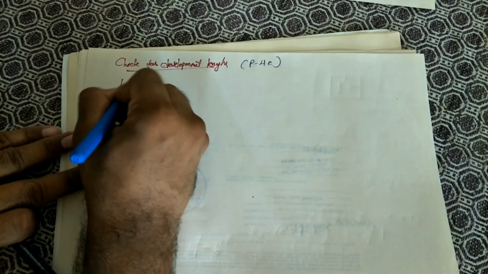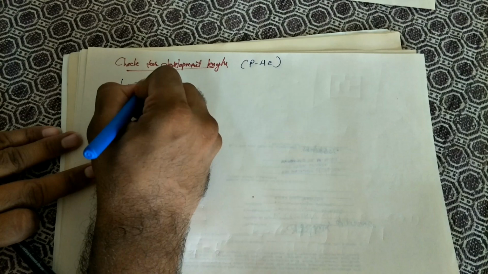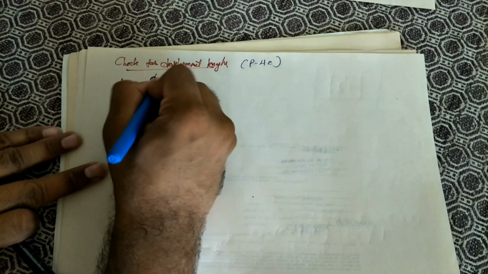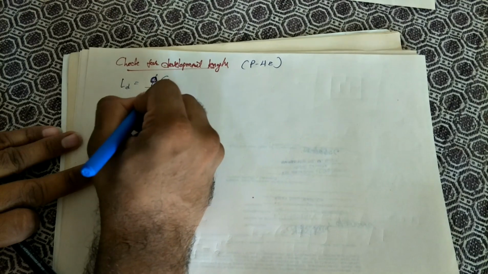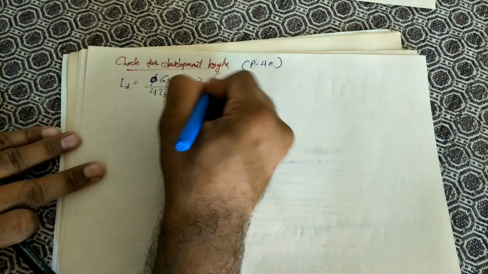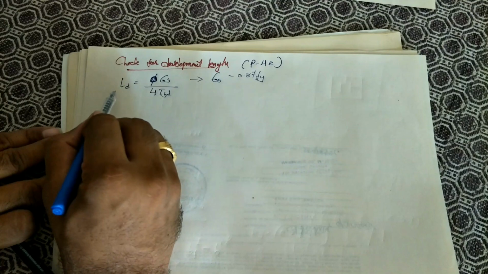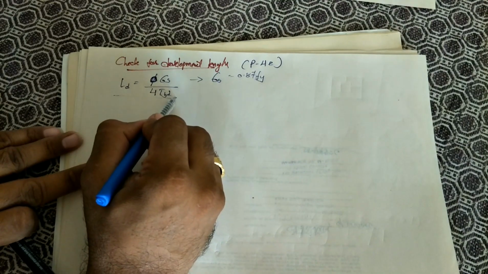Ld, the development length, is equal to 5 sigma s divided by 4 tau bd, where sigma s is 0.87 fy. Now this is the equation for the development length check.